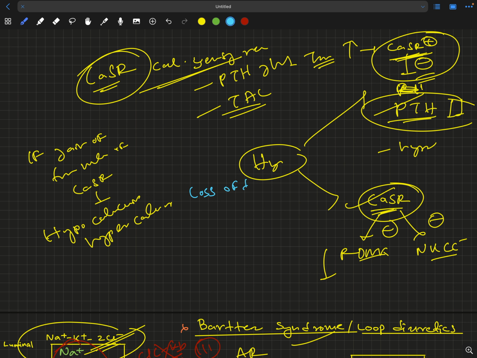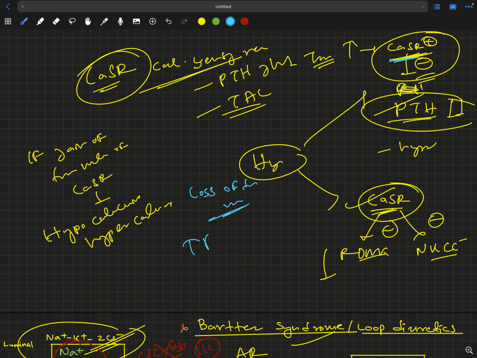Now if there is loss of function mutation, now this CaSR has lost its function. Its function was to regulate calcium by inhibiting PTH release and increasing calcium excretion in urine. Now what will happen?